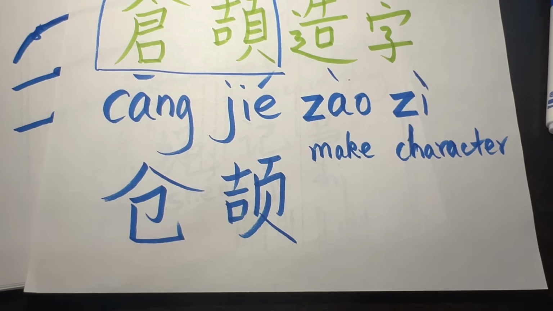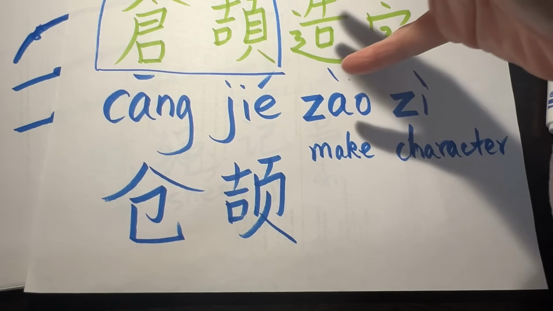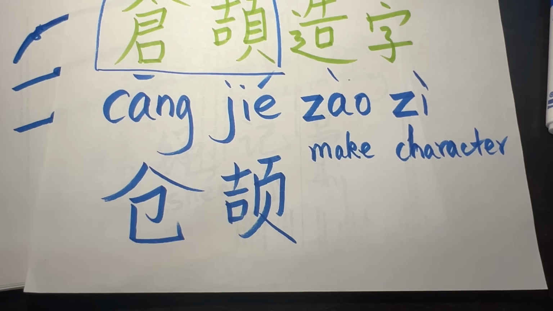Anyway, his job was to record things for the emperor. And as things became more and more complicated, there were times that making a knot was just not enough.